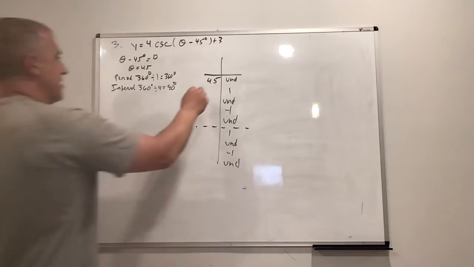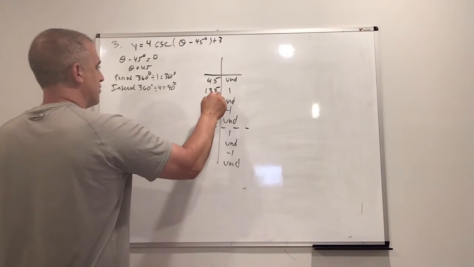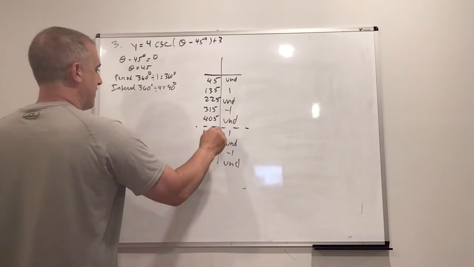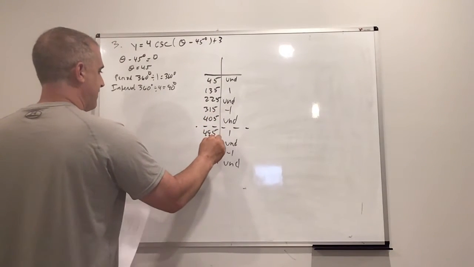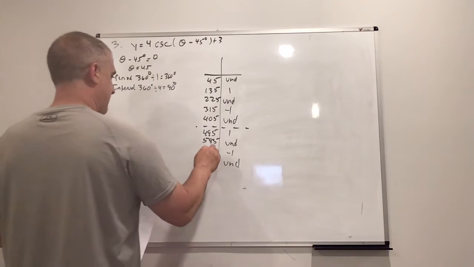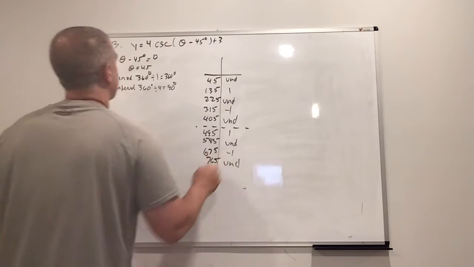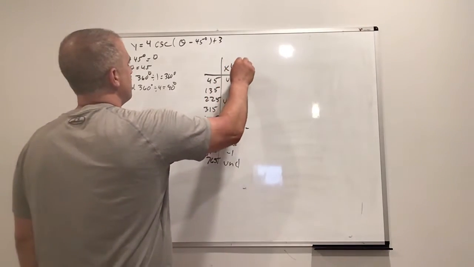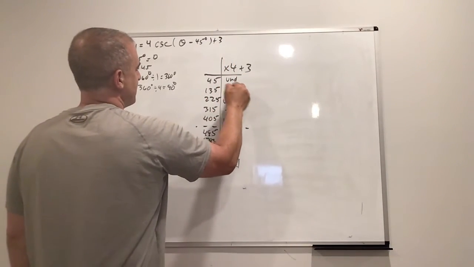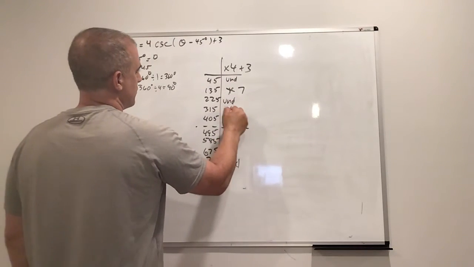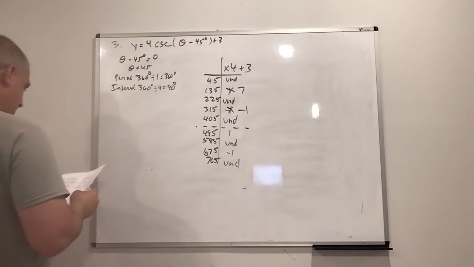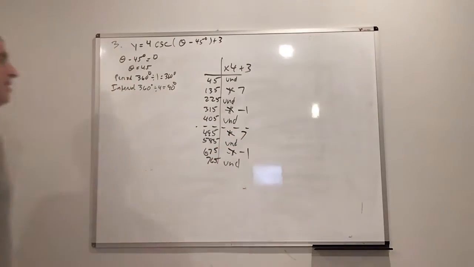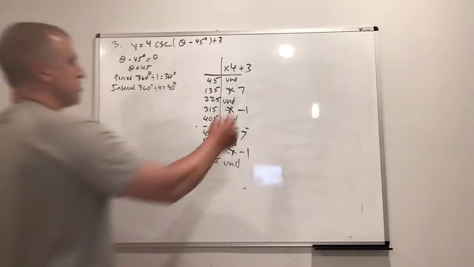So that puts me at 135, 225, 315, 405, 495, 585, 675, and 765. Because of my values here, I'm going to take times 4 plus 3. So that would be 4 plus 3, which would be 7. That would be negative 4 plus 3, which would be negative 1 still. And this would be 7 and negative 1. Not as big a gap, but still a pretty good one.